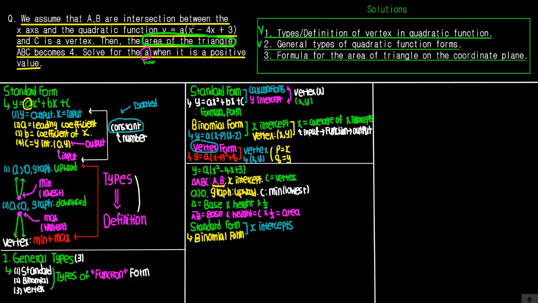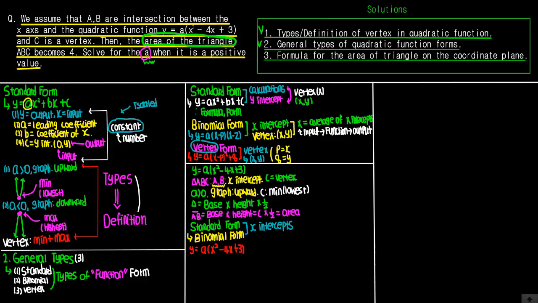So if we convert our y equal to 8 times x squared minus 4x plus 3 into binomial form, we'll get y equal to... So our original standard form, which is the most basic format of a quadratic function, was y equal to 8 times x squared minus 4x plus 3.